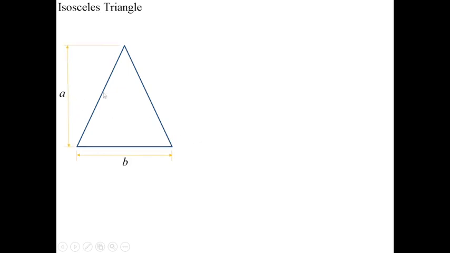Next, kung isosceles triangle naman, ito. So, with the base B and height A, ang area niyan ay 1/2 BA, 1/2 times the base times the altitude. Okay? And this is the centroid of the isosceles triangle.